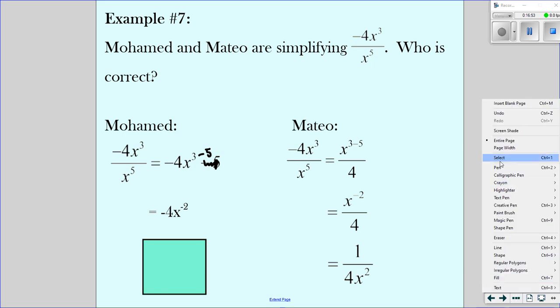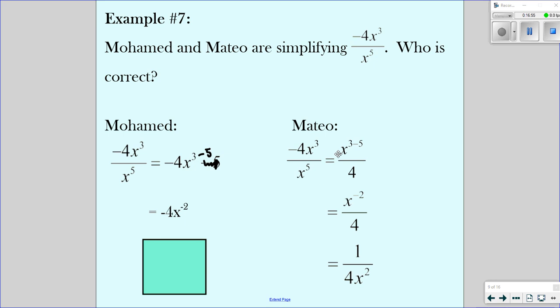Now let's look at what Mateo did. He actually subtracted the exponents, same base, but then look where he put the 4. He put it at the bottom and made it positive. But again, negative 4 over 1 is just negative 4. It would not result in 1 over 4. So he did the reciprocal for no reason.